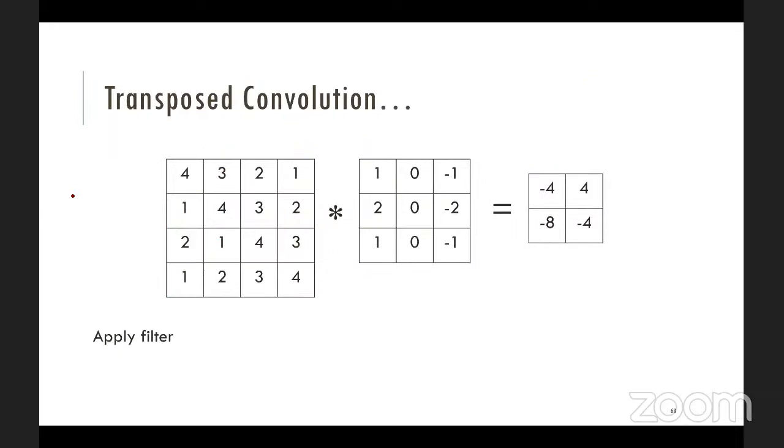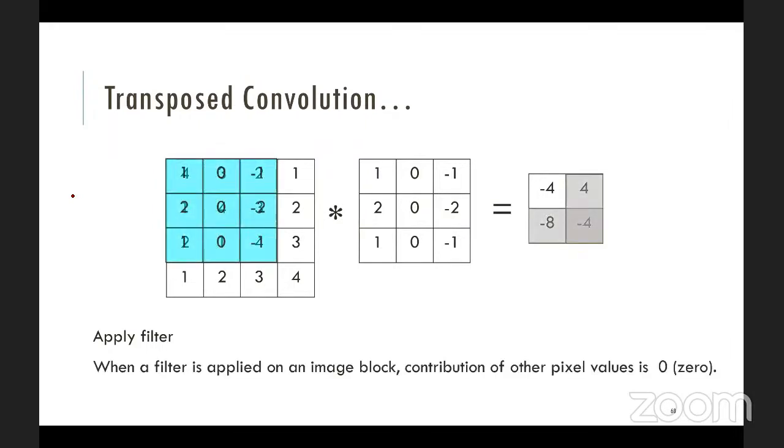Now, let us see how this happens in the transposed convolution. When I place this filter over here, at this time only these 9 pixels are participating, and these pixels are not participating. So the contribution of these image pixels is 0, and when I put this mask here, I get the first output over here.